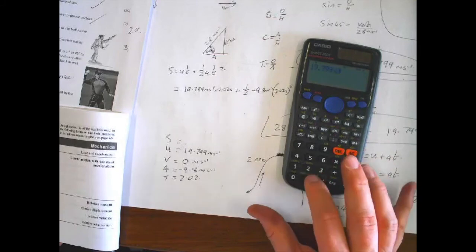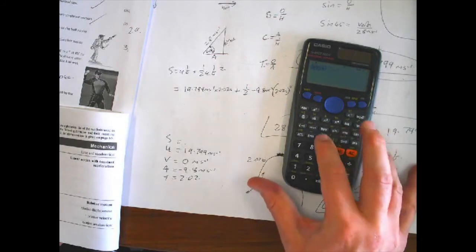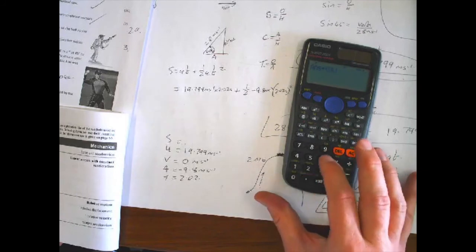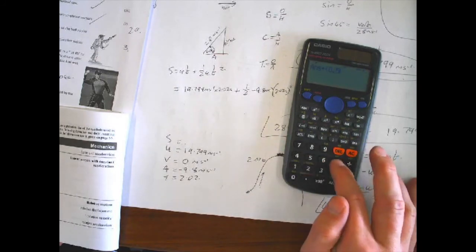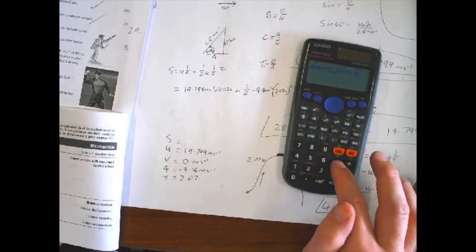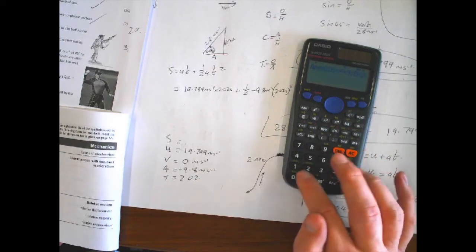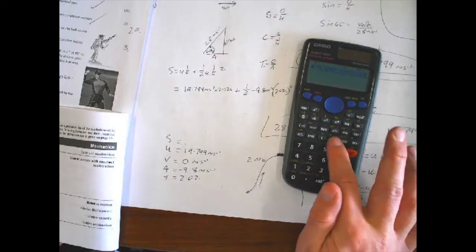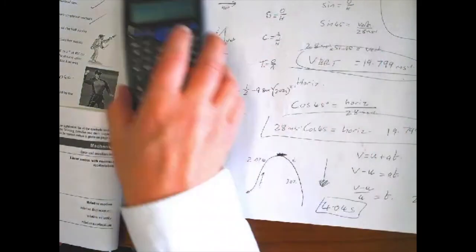So 19.799 times 2.02, plus, I'm going to use some brackets here, 0.5 times minus 9.8 times 2.02 times 2.02.